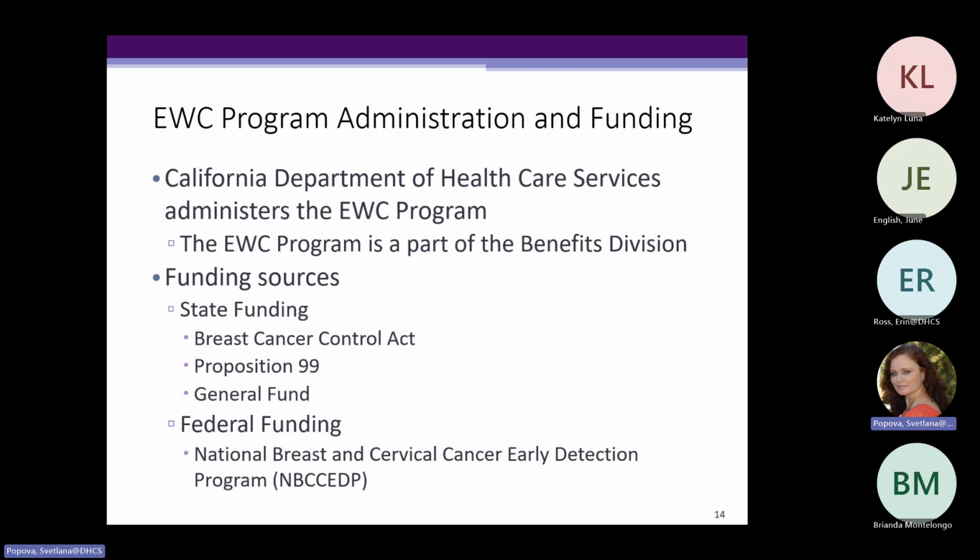So whatever requirements they have, we have these requirements for the entire program. Although we divide the funding, the program is administered as an NBCCEDP program. We have the same requirements for our providers, regardless of whether they belong to the federal or state subset, and they usually don't know which subset they are in.